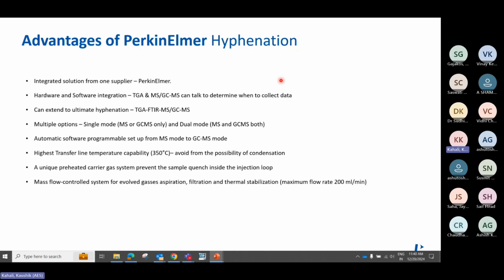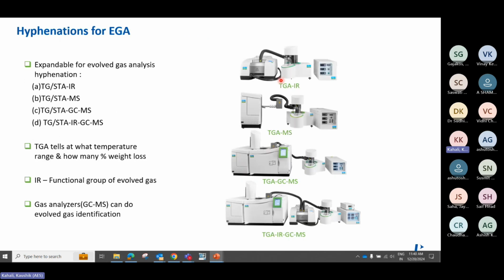PerkinElmer is the only company, for your information, because almost all of you are aware of this hyphenation technique, TG GCMS, TG IR. But we are the only company having all the instruments manufactured by us. We have the TGA, we have FTIR, we have GCMS, and this transfer line is manufactured by Redshift.